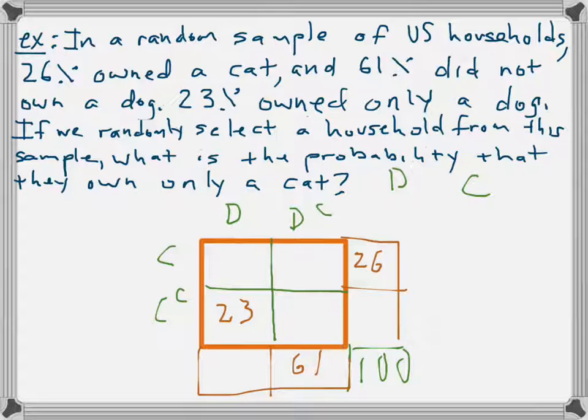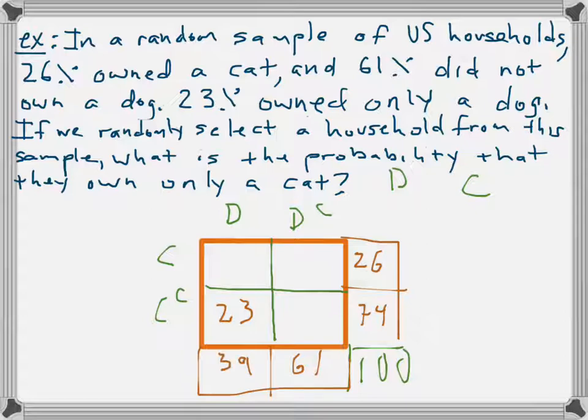Now, everything should fall into place. You may look and wonder how it's going to fall into place, but this is how it's going to work. So if 26% of people had a cat, what percent of people did not have a cat? 74, right? This is going to add up to 100. And same way here, this has got to add up to 100. In other words, 61% of people did not have a dog. That meant what percent of people did have a dog? 39, right?